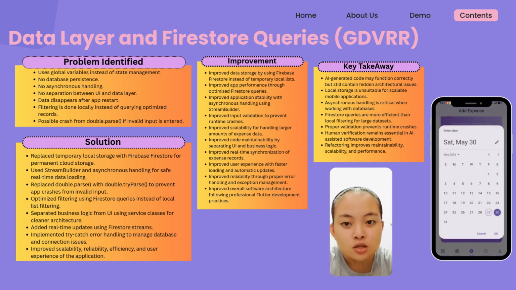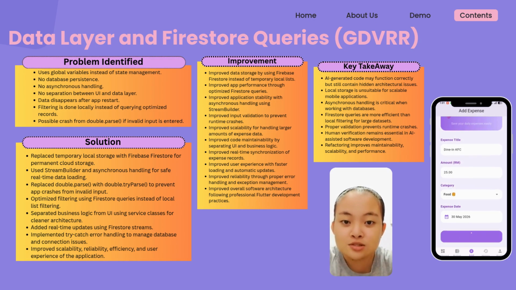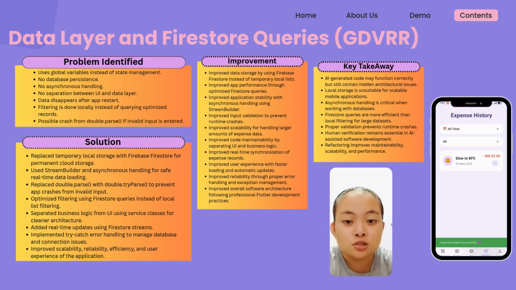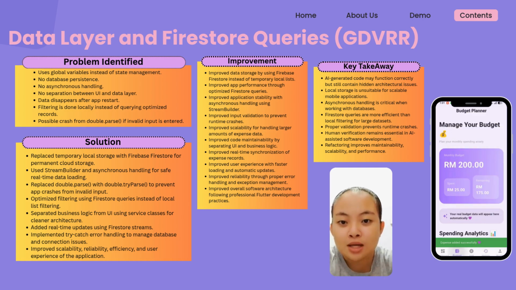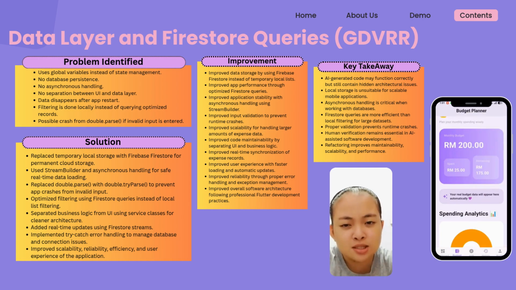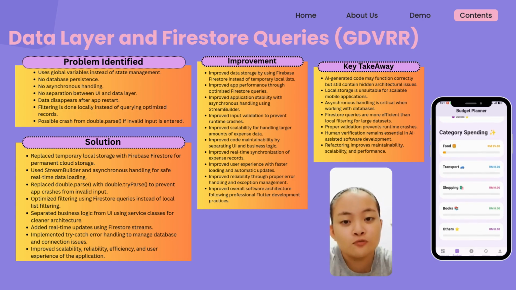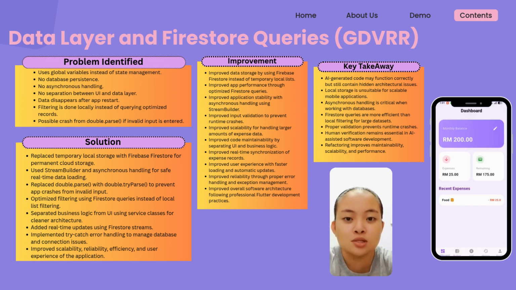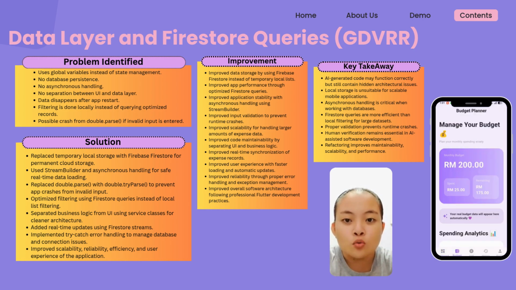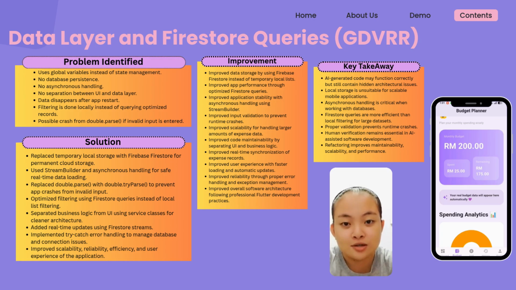Real-time updates were added using StreamBuilder and Firestore Stream to make the app smoother and avoid crashing during data loading. Input validation was improved using safer methods to prevent errors when users enter data.